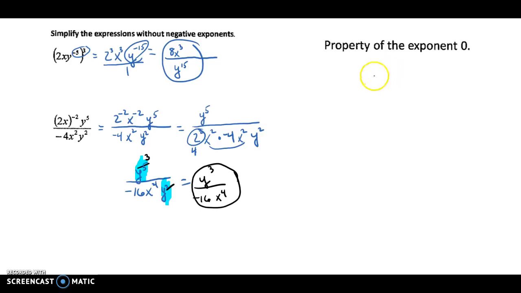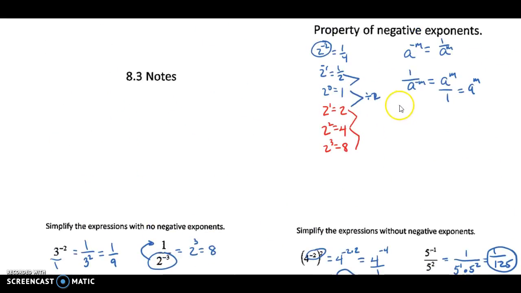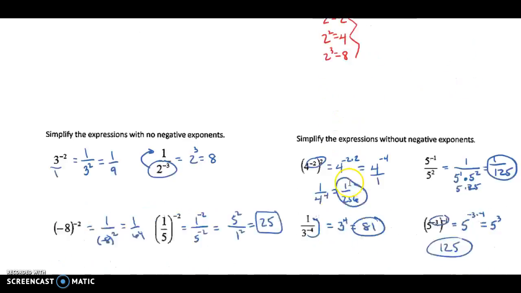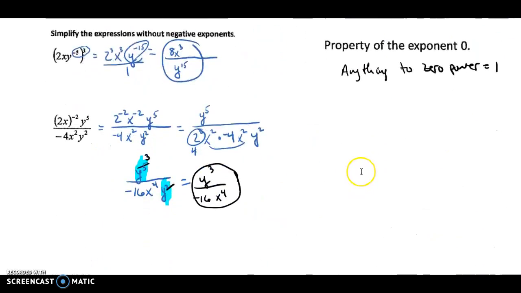Now, the problem is 0 exponents. Anything to the 0 power is going to equal 1. And if you go back up to what we just talked about, when I worked backwards, what did the 0 power produce? 1. Right? Anytime I perform that with any number, you're going to get 1.